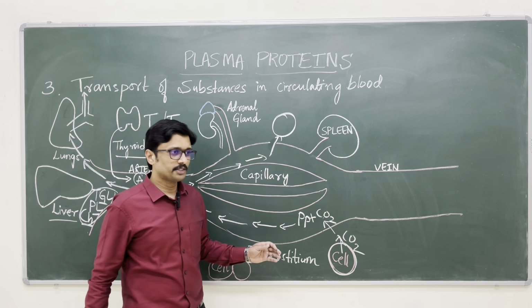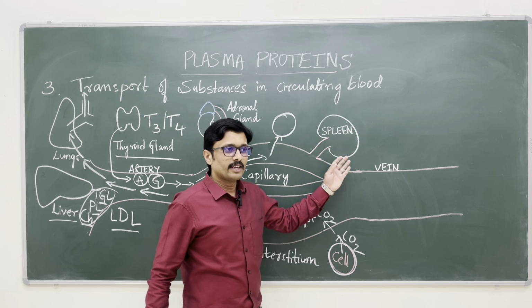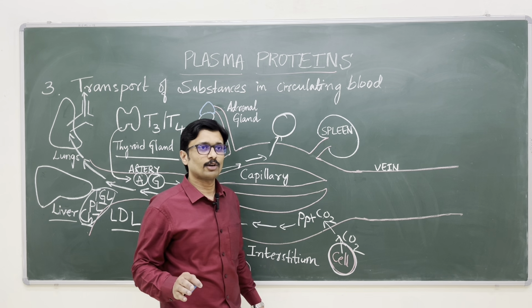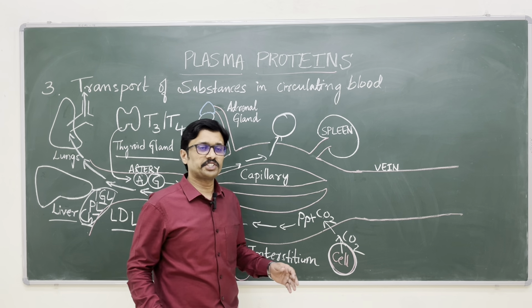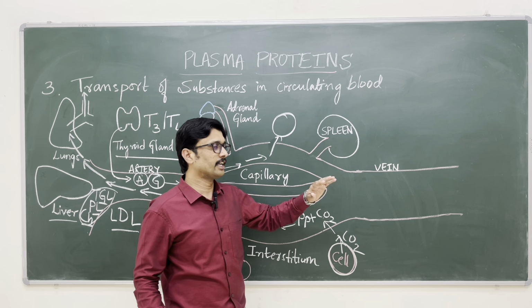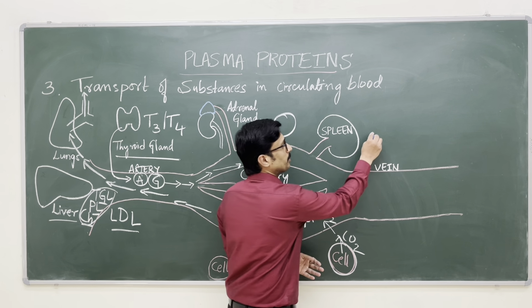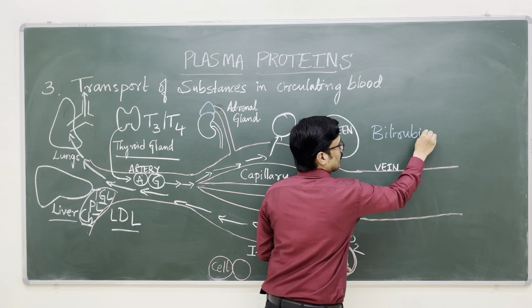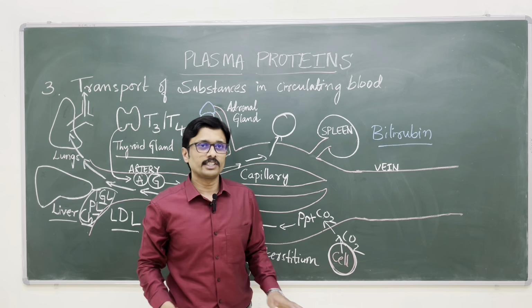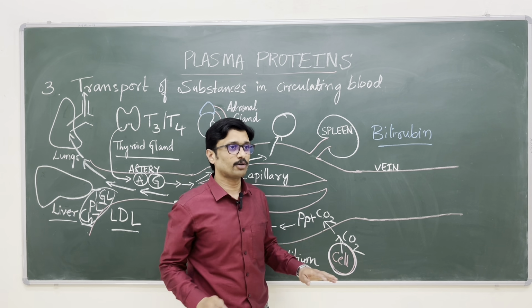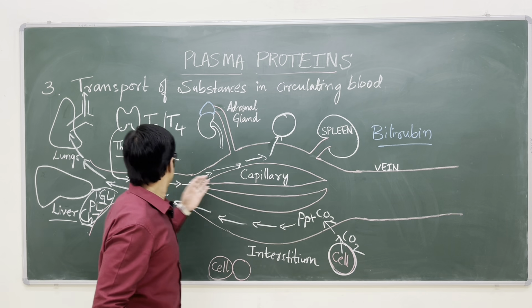One more example is within the spleen, where the RBCs are destroyed after their 120 days of lifespan. After the destruction of RBCs, they release hemoglobin and heme is metabolized to produce bilirubin. This bilirubin is a very toxic substance that has to be conjugated and detoxified. That happens in the liver.